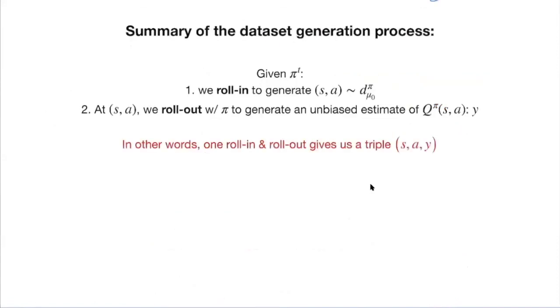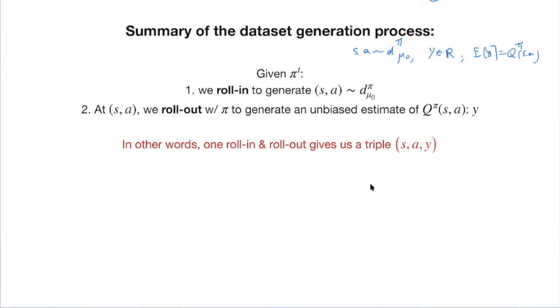All right, so let's summarize this data generation process. The goal is to get an SA pair from d pi mu 0, and get a scalar y such that the expectation of y equals Q pi SA. We are talking about this two-step process, the roll-in and roll-out process. We apply the roll-in process to generate a state action pair.